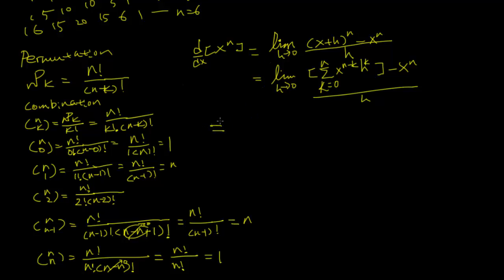With this one, once again, we still have the limit. And we expand this one. We said when k equals 0, the coefficient is 1, and x to the n minus 0 is n, and k is 0.